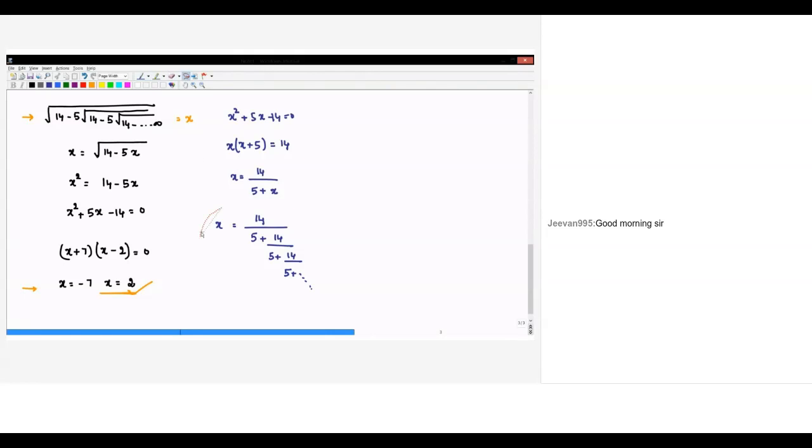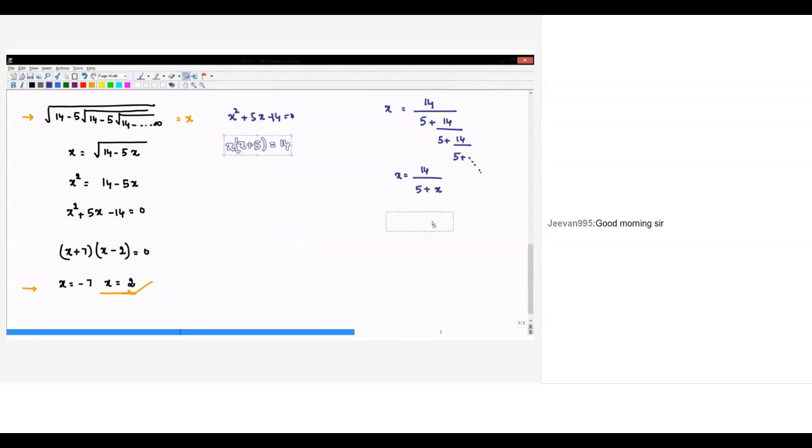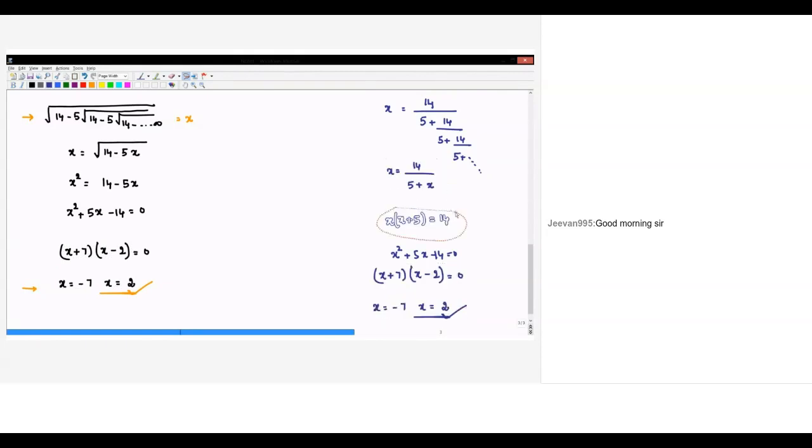So if this is given, you'll assume it as x. And what is the next step? The next step is this becomes this one, then this, then this, then you know these two things, right?